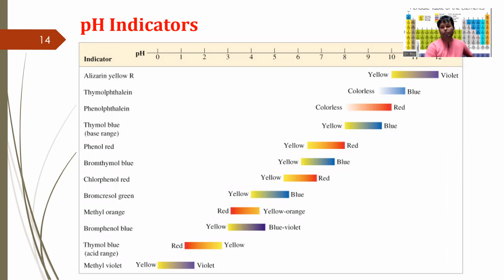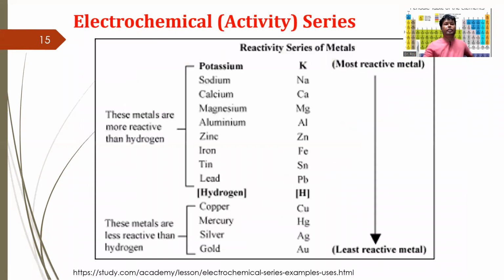Based on the color and the type of indicator we add, we can have an idea about the pH value, whether the solution is acidic or basic, or highly acidic or highly basic, or whatever it is. Those are the substances we use as pH indicators.